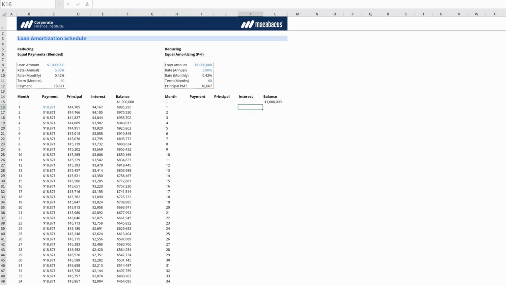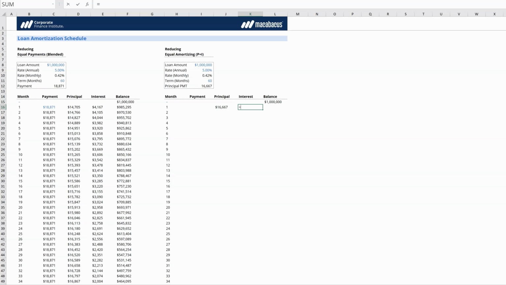The one variable that we know is the actual principal payment amount. So here we can actually link using a formula. So we know that there's going to be 60 equal payments of $16,671. We're going to fix that amount. And similar to the blended version, we know that some amount of interest is also being charged.